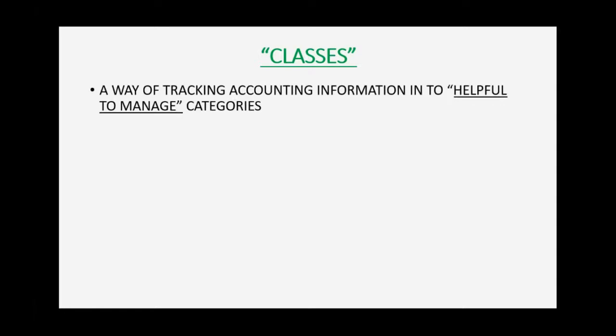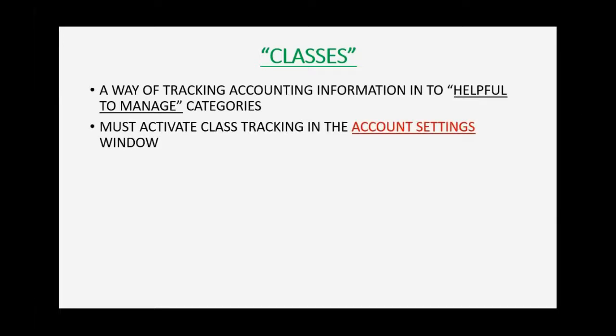Now you may well ask, what are classes? Well, classes are a way of tracking accounting information into helpful, manageable categories. You must activate class tracking in the Account Settings window. Then you put in a list of classes for all the classes that you need.